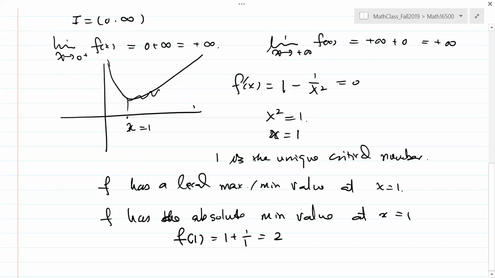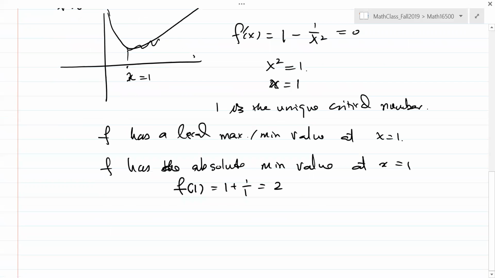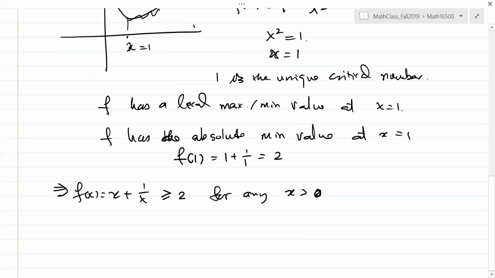Okay, this is the smallest value. In other words, from here you can conclude that x plus 1 over x is always greater than or equal to 2 for any positive x, right? Because 2 is going to be the smallest value.